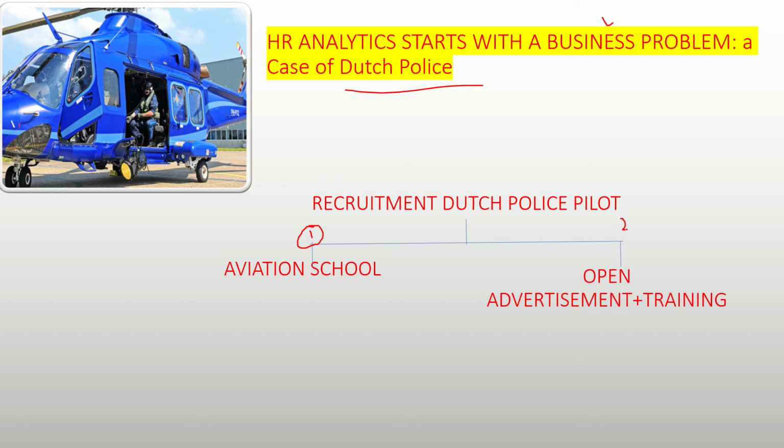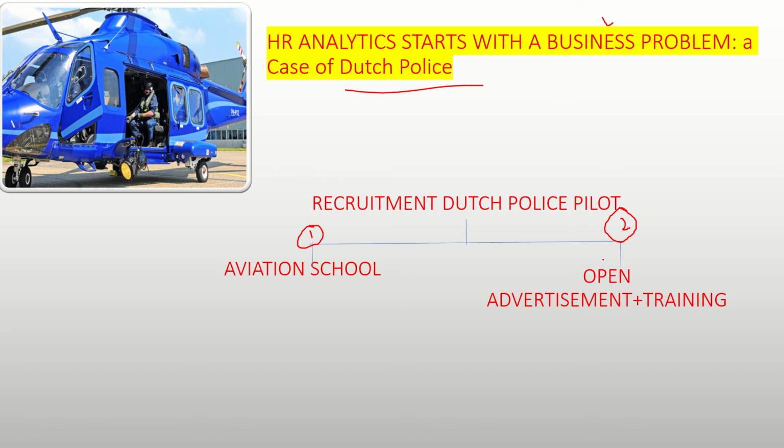In the first, the Dutch police was directly contacting aviation schools, which had trained pilots. They were sending them to the Dutch police, and these people were working under the Dutch police and flying its helicopters.